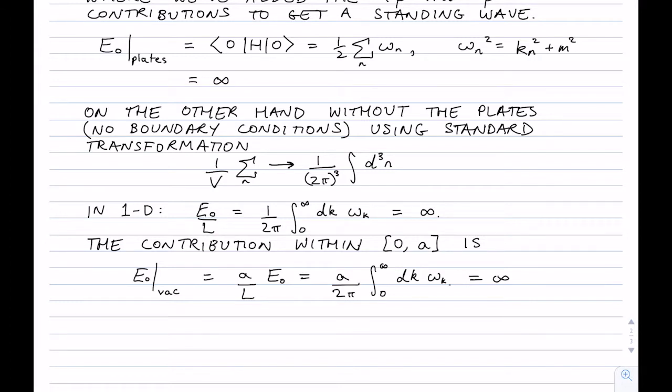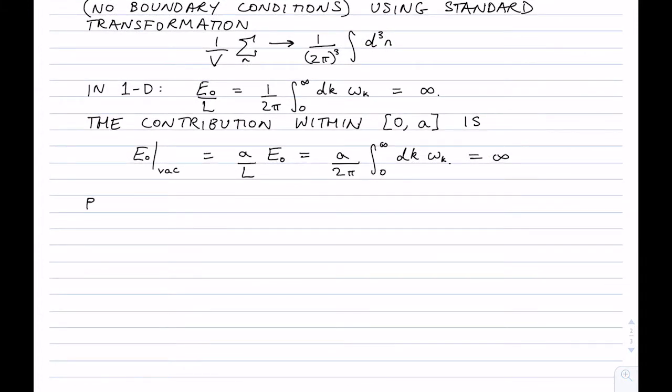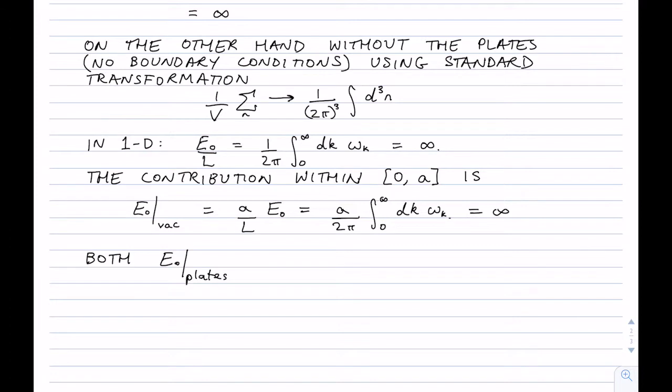Lots of infinities. So the point is that both the energy between the plates when the plates are there and E0, the vacuum between where the plates would be if they were there, are infinite, because there's infinite energy density in either case.